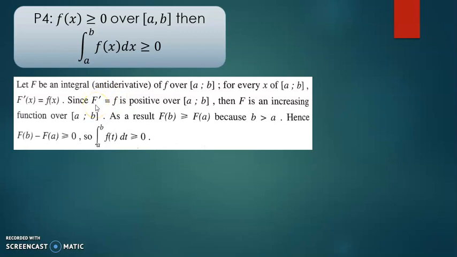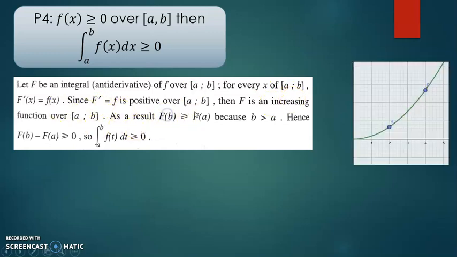If big F prime is positive, so the derivative of big F is positive, this means that the function big F of x is increasing over the interval AB. So since big F is increasing, f of b is greater than f of a, because remember that b is greater than a.